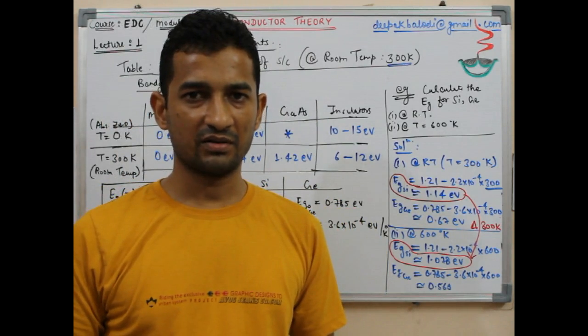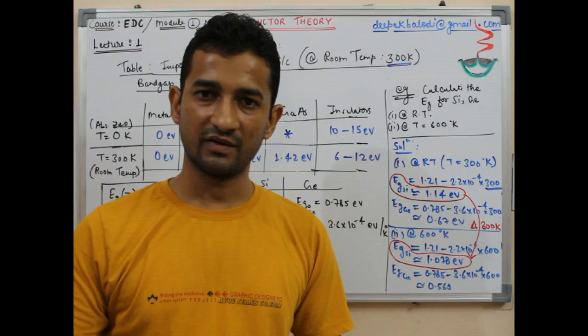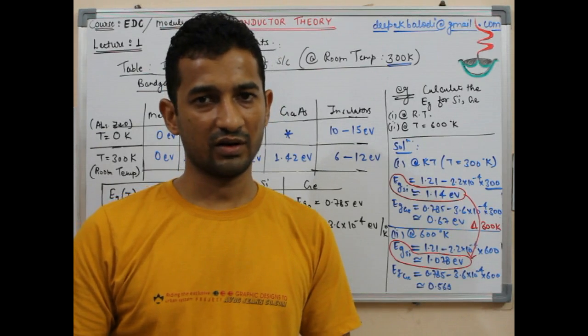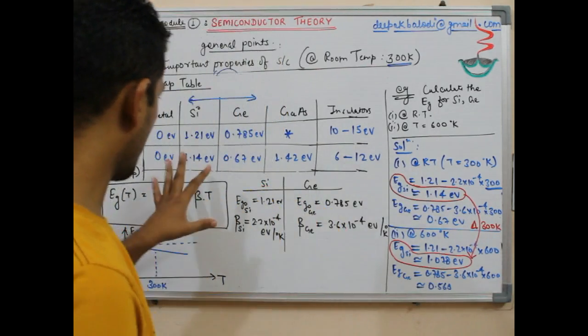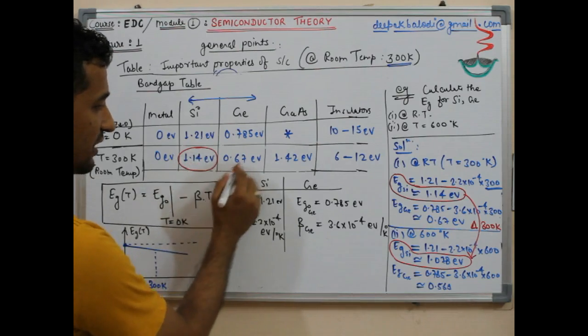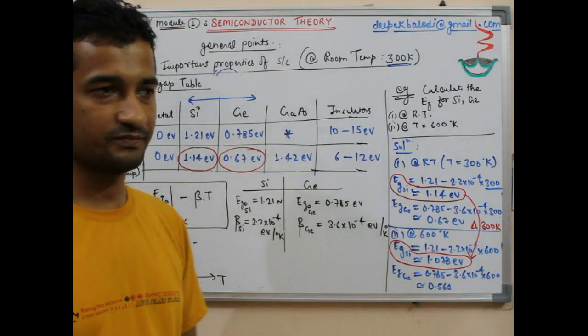So we always keep it like a constant at room temperature and around room temperature, even if it increases or decreases by 30, 40 degree centigrade or 30, 40 degree Kelvin. So we'll assume that value intact with this 1.1 electron volts and 0.67 electron volts.